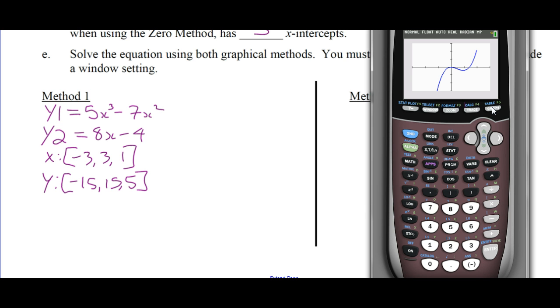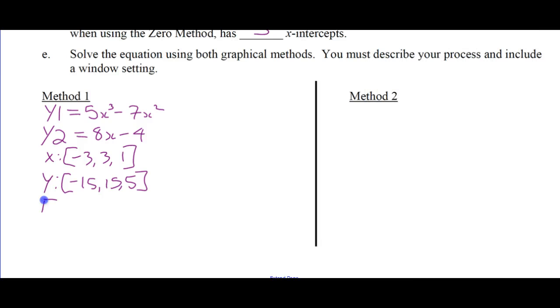Okay, there's my cubic. Now we've got the linear, 8x minus 4. There we go. And now we're going to find the x values of the points of intersection.